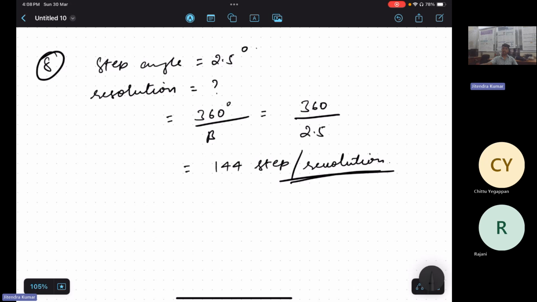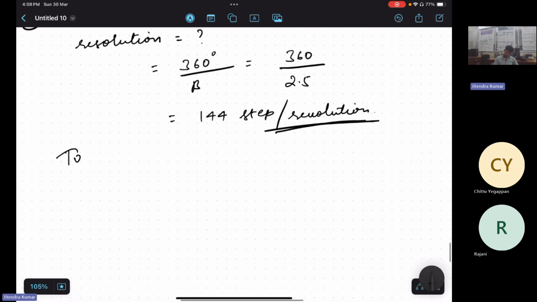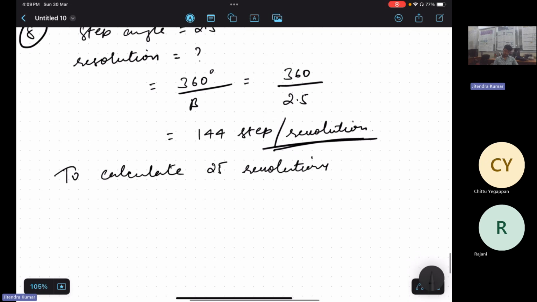So according to that, we have to calculate. Now, the next part is how many steps are required to make 25 revolutions. So you just need to multiply with 25. When 25 revolutions, how many steps?